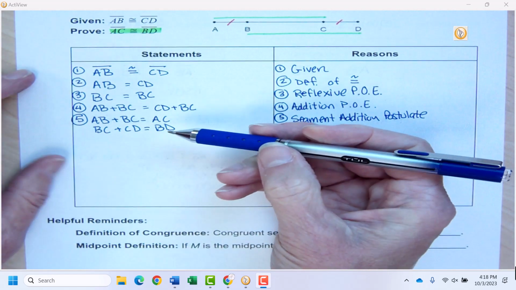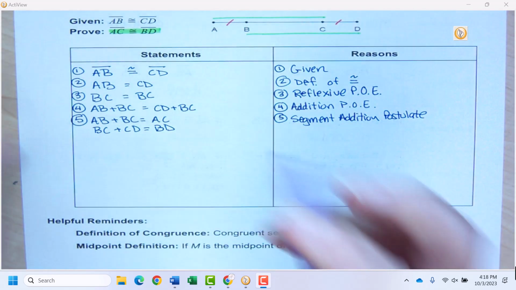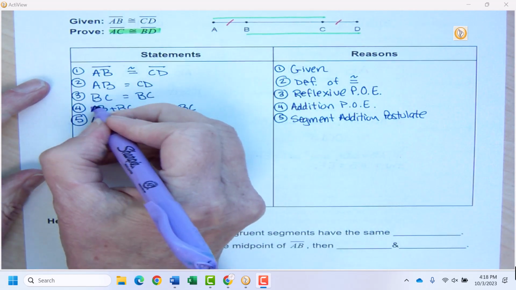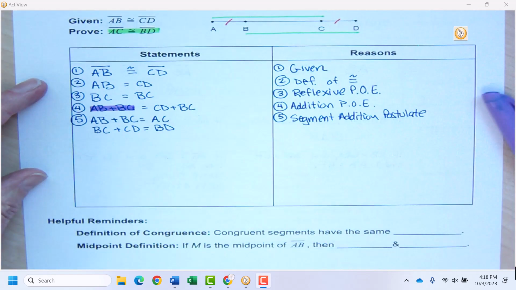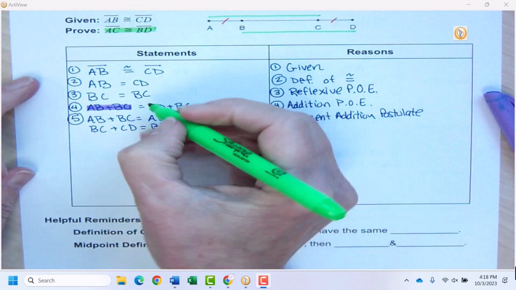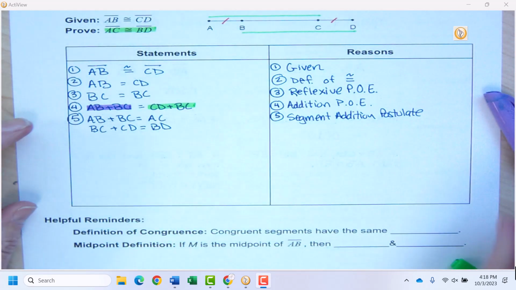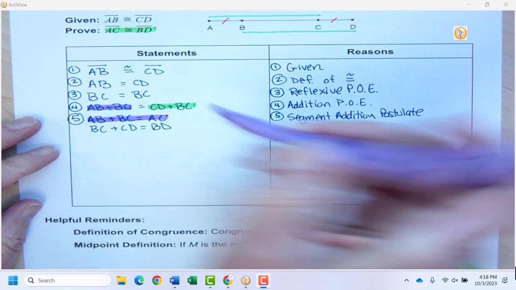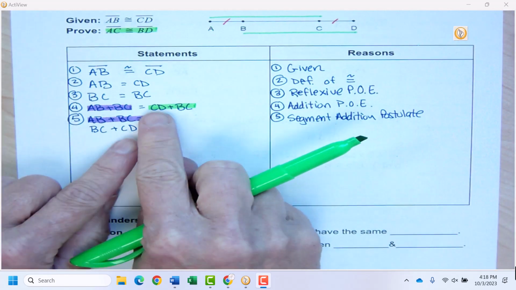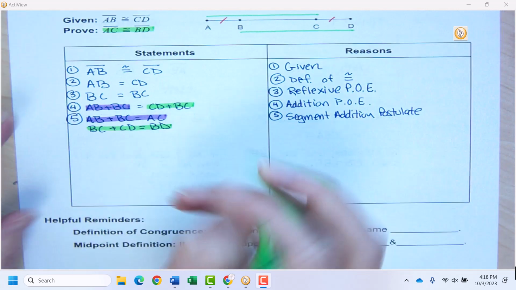Now let's take a look at what we've really done here. We have AB plus BC, and we have CD plus BC. Now we know that AB plus BC is AC, and CD plus BC is BD.